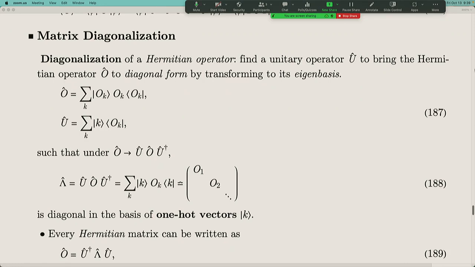In terms of the operator, it's the same operator. It's just a new representation of the operator in terms of a matrix. It will become what I denoted as lambda, which looks like a diagonal form. So the diagonal matrix elements will just be the eigenvalues of this O operator.